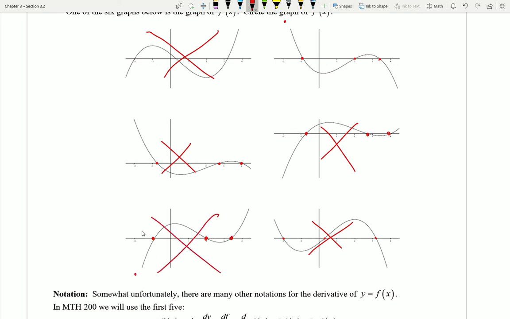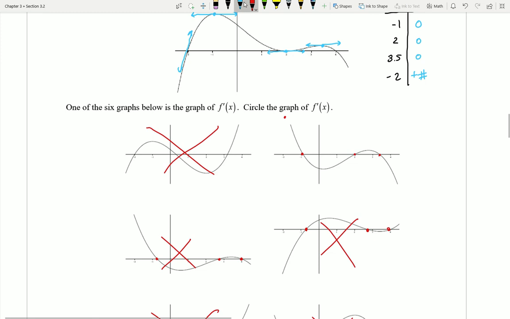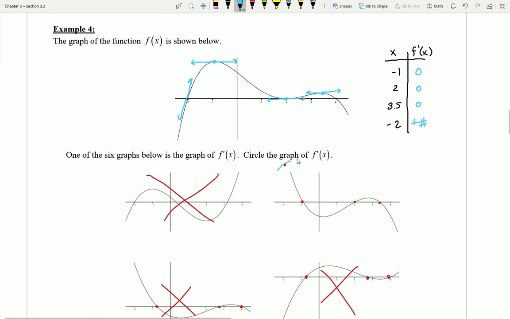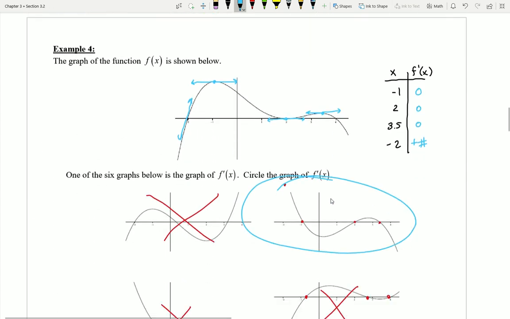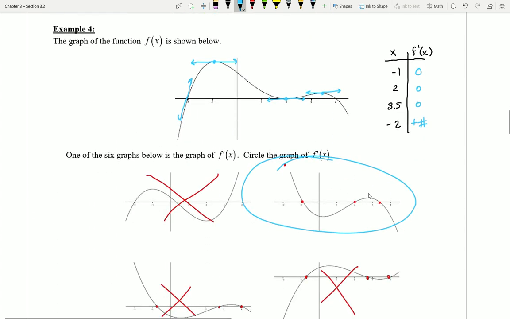This could no longer be the graph of the derivative. So it seems like the only choice that works is this option here at the very top right. So again, I'm using the same ideas that we did in the last video, which is that I'm taking a look at different values of x, and I'm thinking about the slopes of tangent lines that happen there to try to get a rough picture of the derivative.